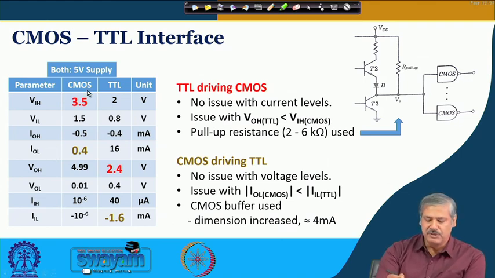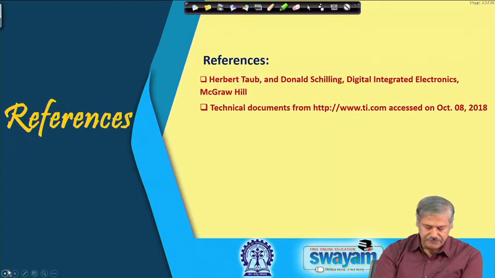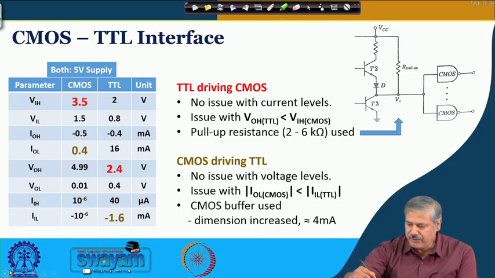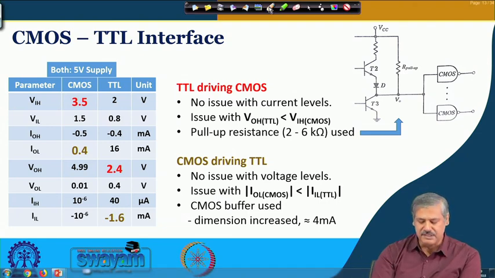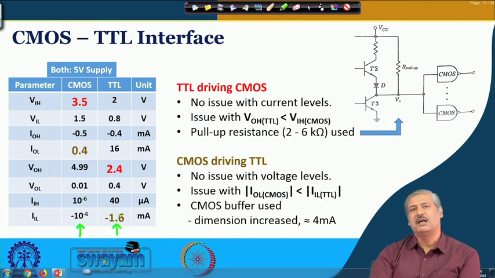So, this is what I have taken from the transfer characteristics that we just discussed, right, and TTL I have taken from the earlier lecture we had. So, these are the two columns where the different parameters have been put forward.